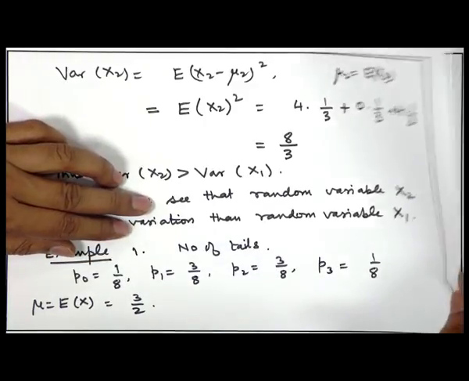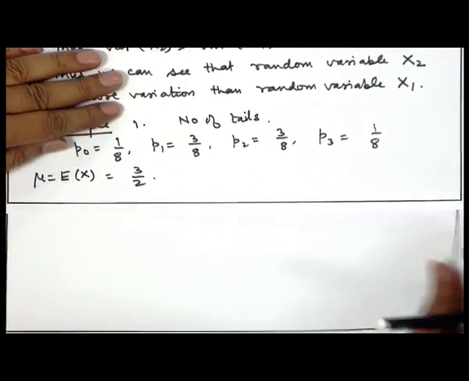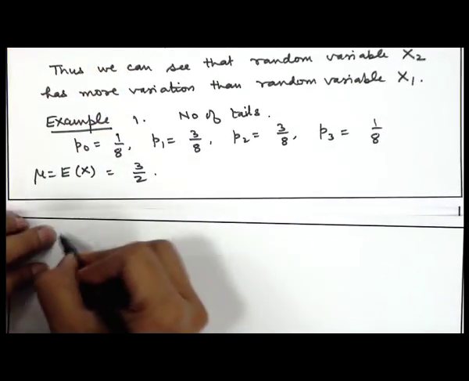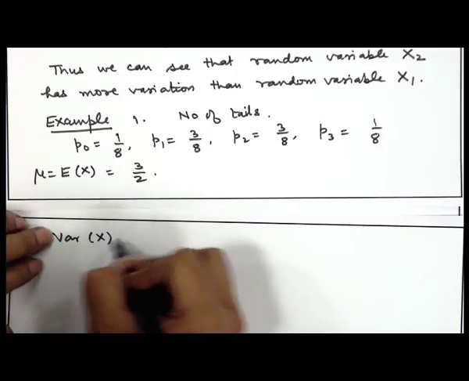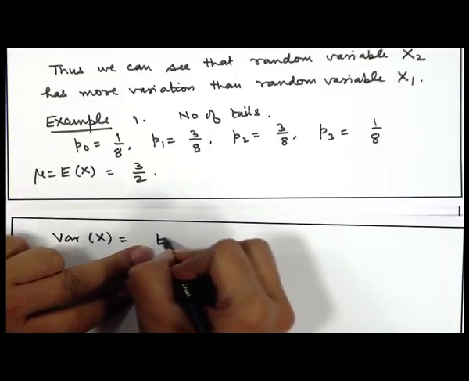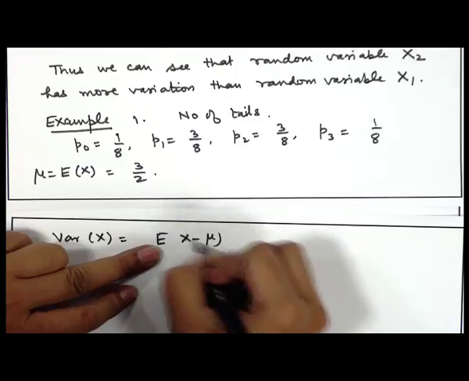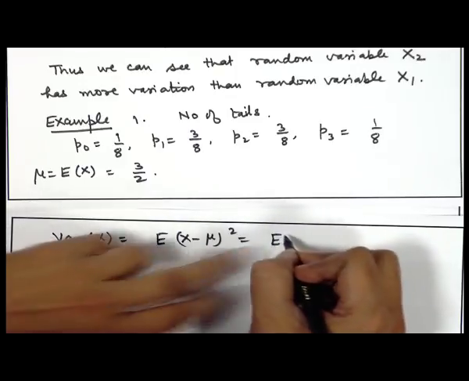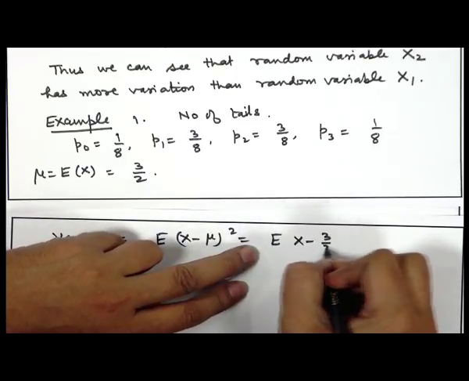So, let us calculate the variance here. Variance of x is equal to expectation of (x minus mu) square, that is expectation of (x minus 3 by 2) square.